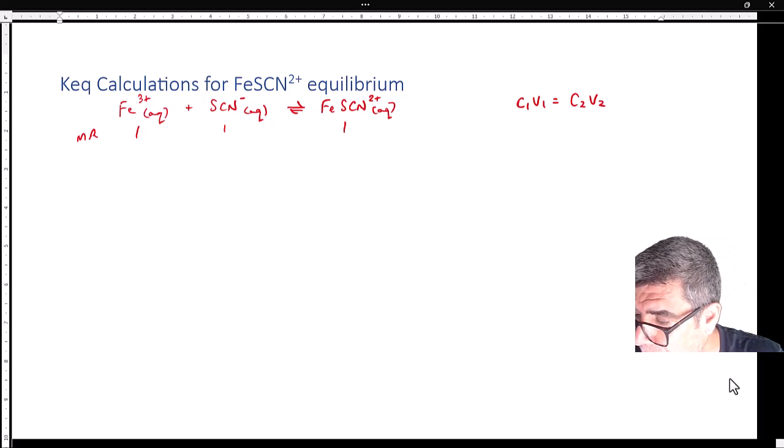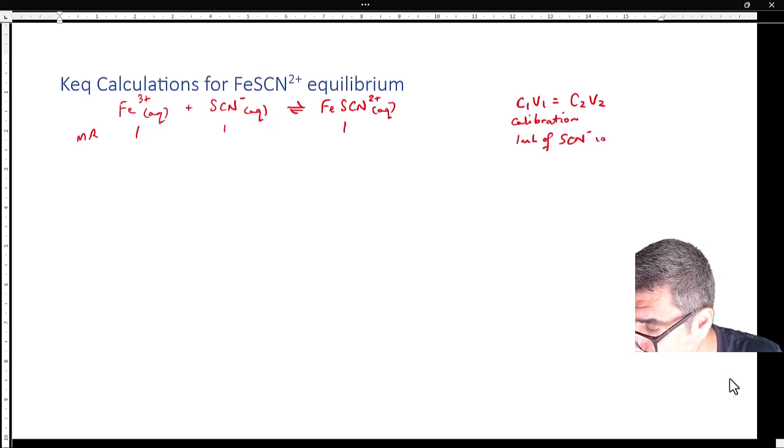So for example, for the calibration step, if one of my values was, say, 1 mL of SCN minus ions, and I wanted to know what the concentration of FeSCN2+ was, then I use the concentration, which I said was 0.01. I multiply that by the 1 mL.